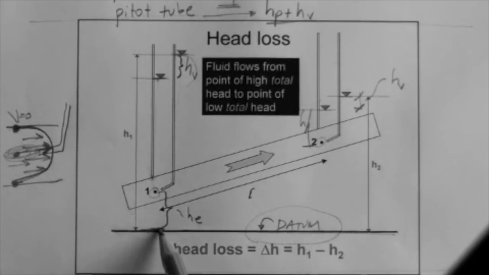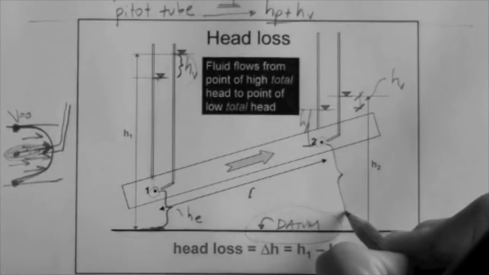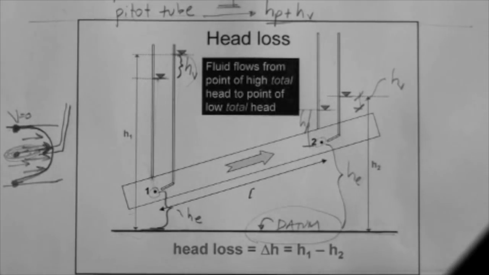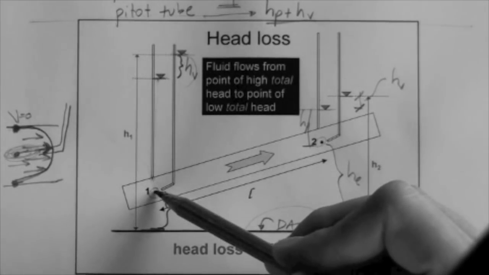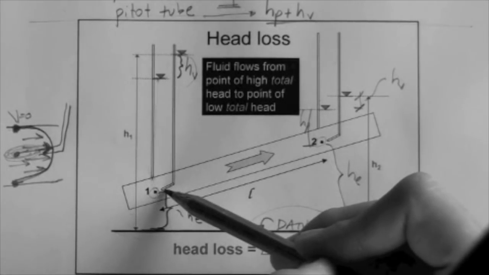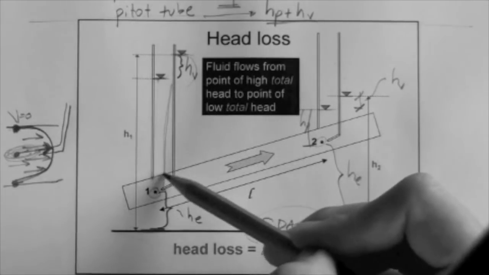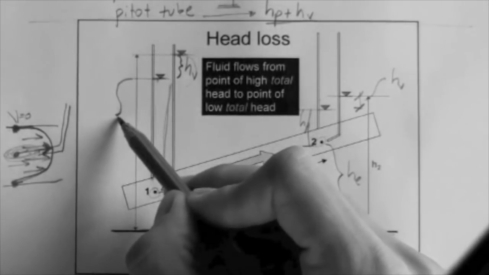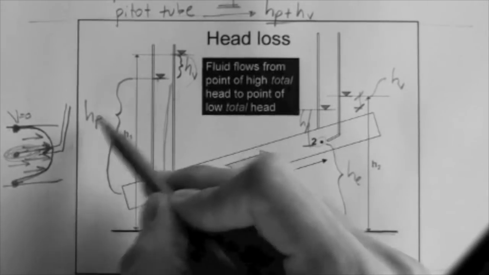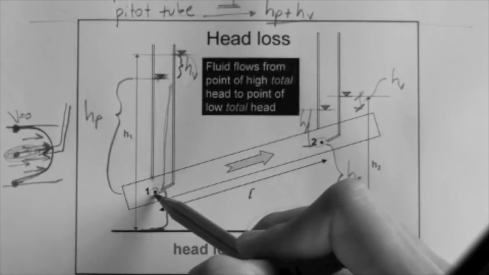This is the elevation head at point 1, this is the elevation head at point 2, right? And now we are able to calculate the total head at each point. It's just the sum, right? So here's point 1: elevation head plus pressure head. What's the pressure head? This, from here to here.